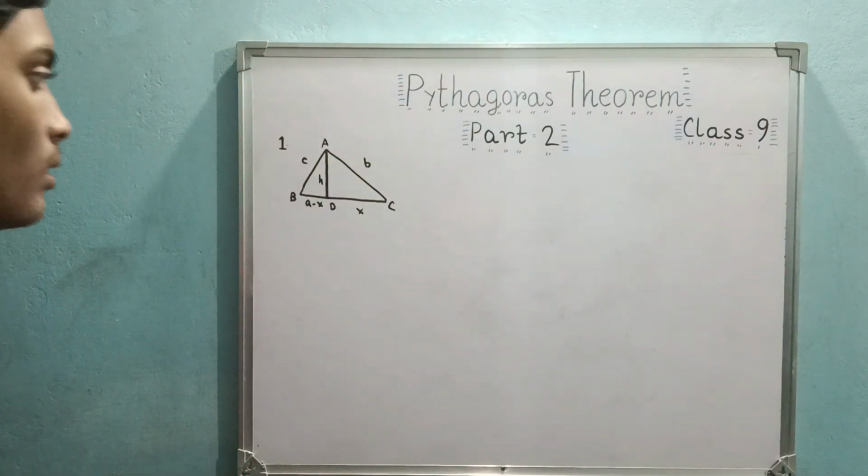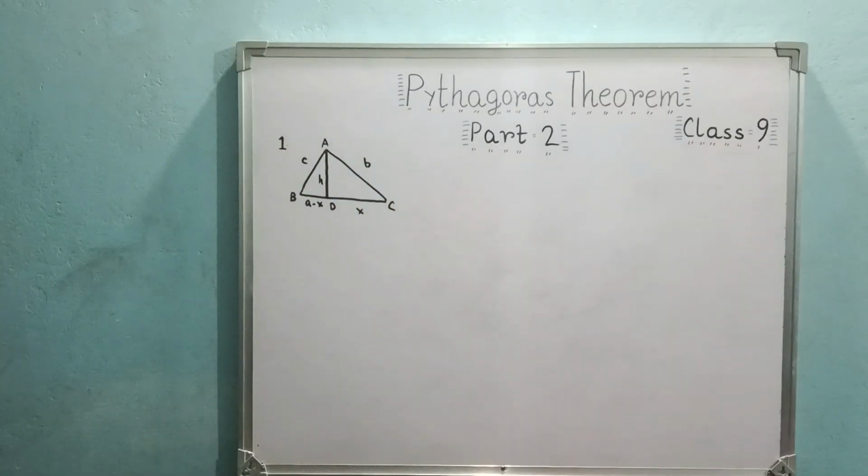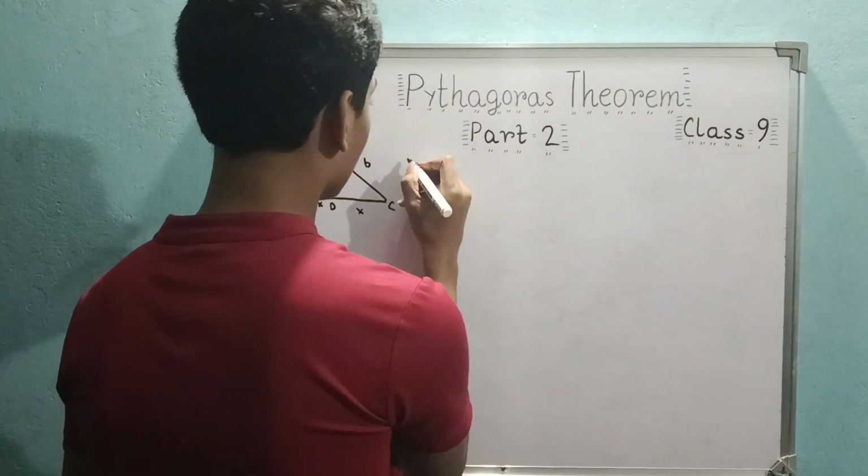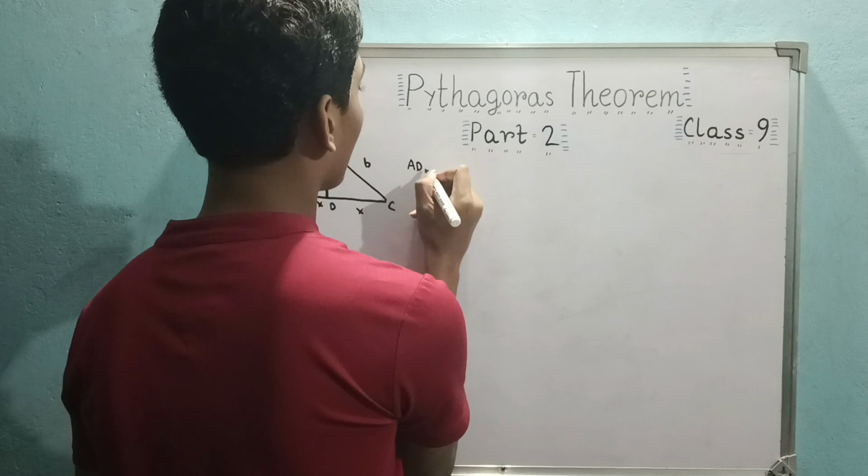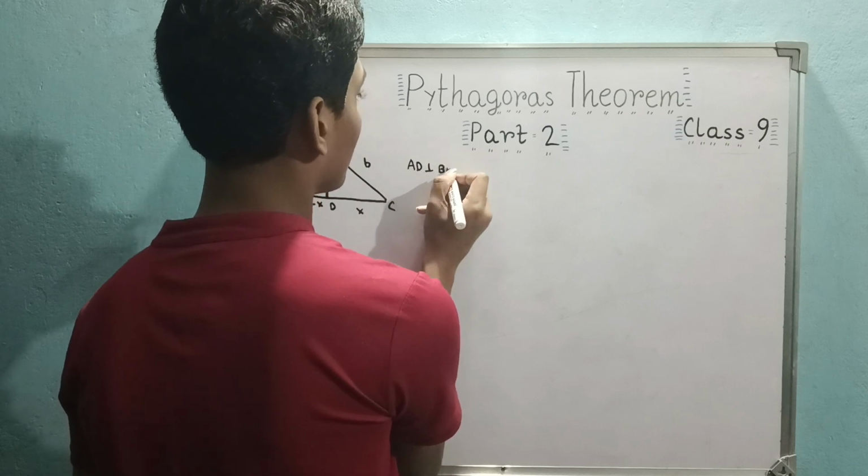So here some conditions are there. They are telling that AD is perpendicular to BC.